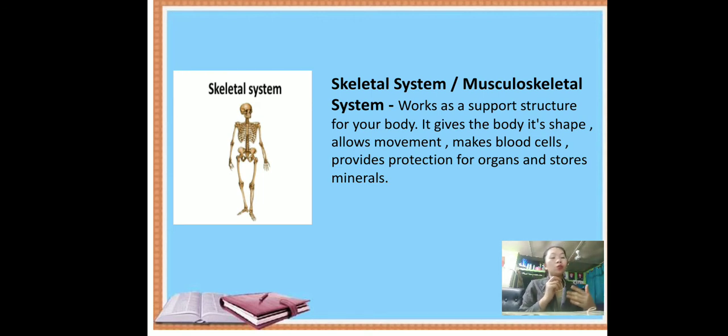Then it also stores minerals. It stores those nutrients or vitamins which our bones or our organs need. Those vitamins and nutrients are kept by it since our body will need them.